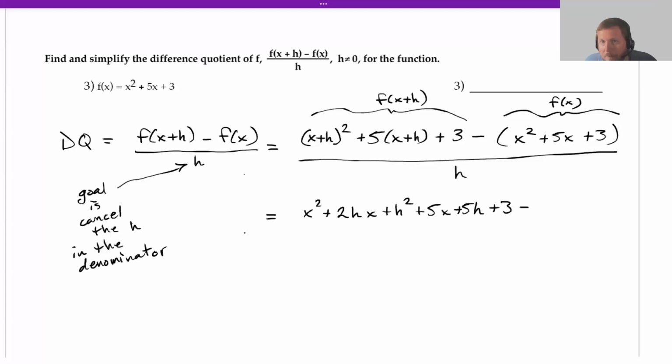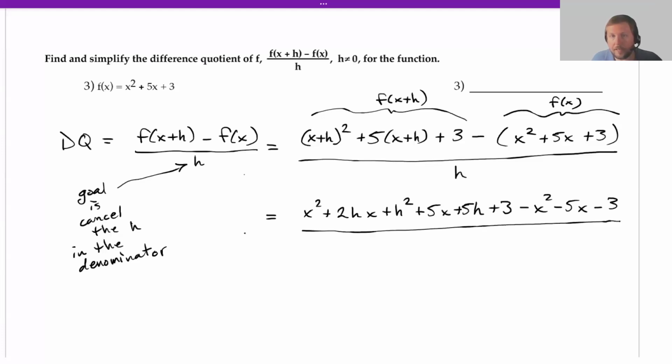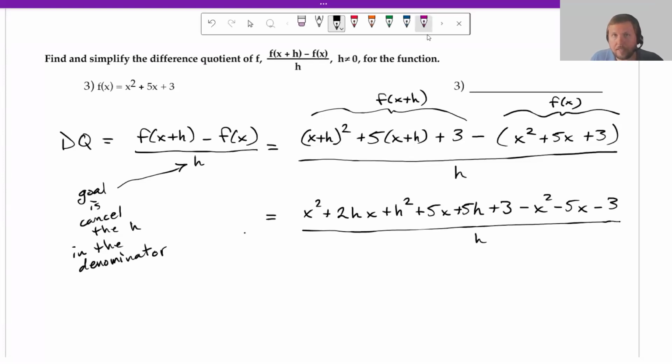Distribute the negative sign, so I have minus x squared minus 5x minus 3. Okay, and that's all over h. And then something nice happens. So this x squared cancels this one. This minus 5x cancels this 5x, and the minus 3 cancels there.